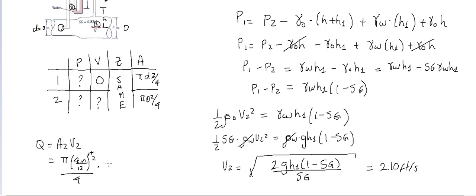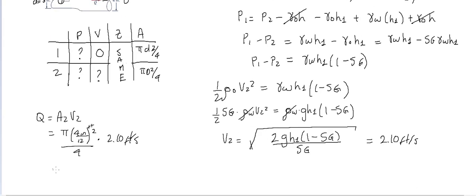And then we multiply it by 2.10 feet per second. And then we are left with a value of 0.183 cubic feet per second. And the key part is to make sure that you transform from inches to feet so that the units work out.